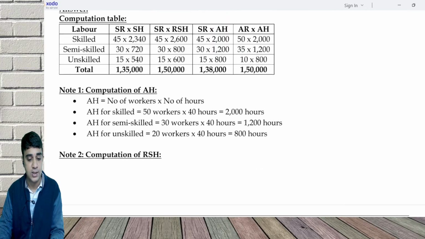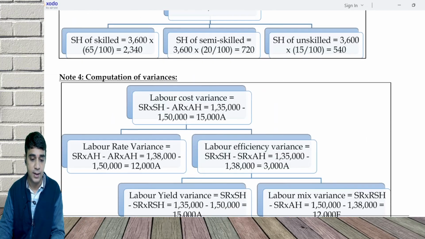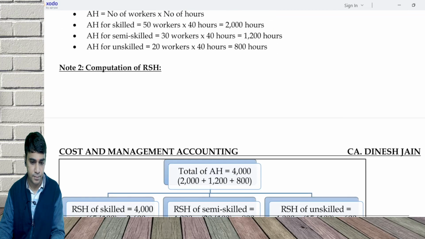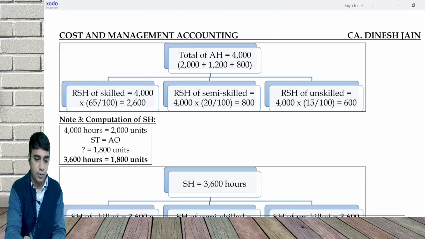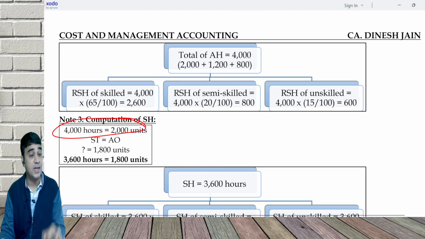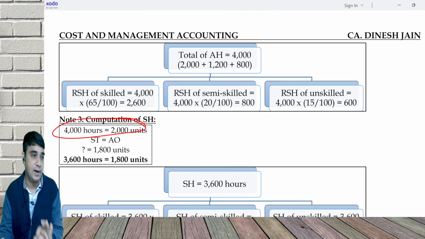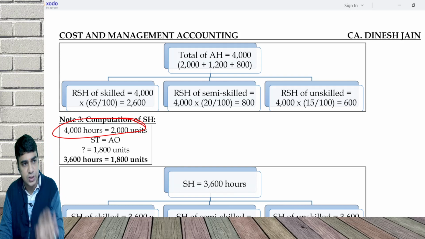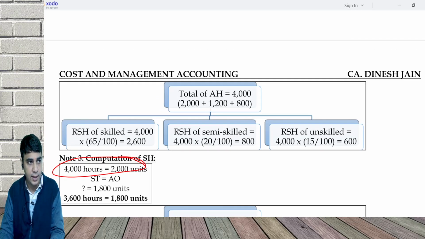You will use that here: we would have written the standard equation, 4000 hours equal to 2000 units, and then used the AO to calculate the standard time. So nowhere in the standard equation should you mention the actual output. Clear? Any doubts in this?